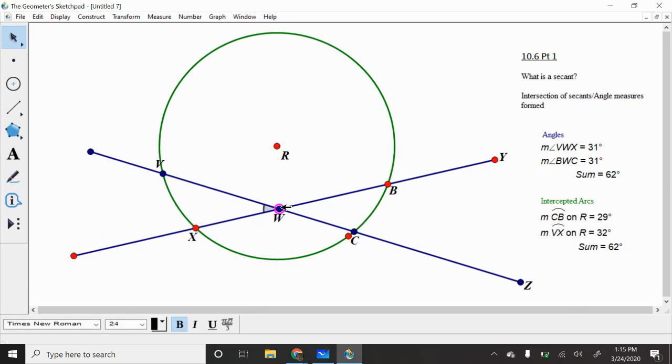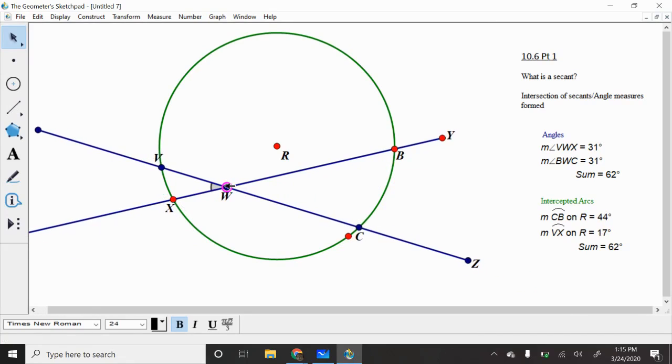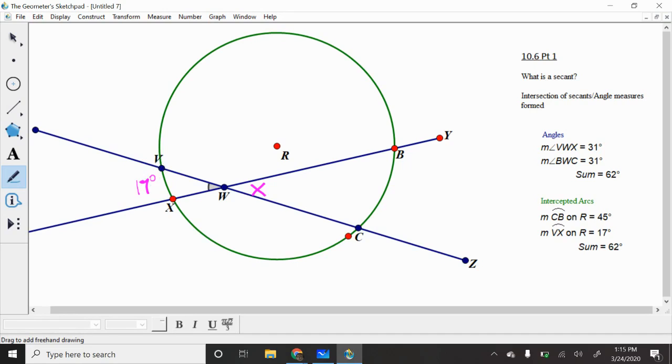Let's say I'm somewhere over here and I'm looking for the measure of x, this angle right here. All right, and according to this, I have a degree of 17 over here and 45 over here.